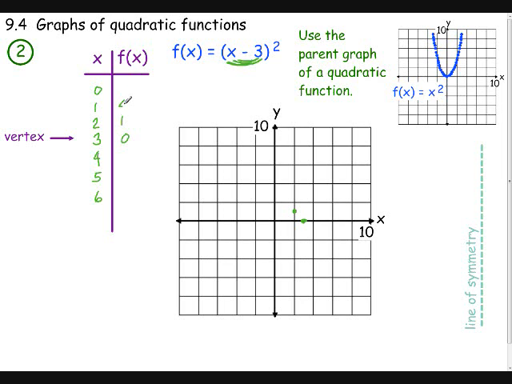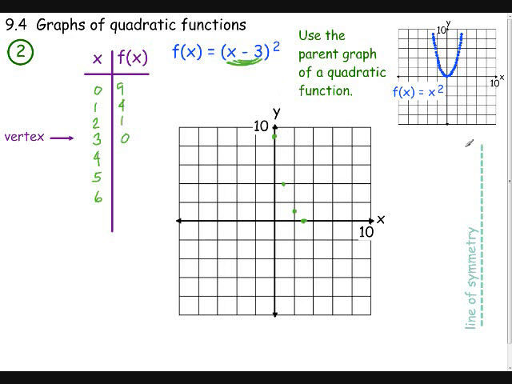Put a 1 in, I'm going to get a 4 out. If I put a 0 in, I've got -3 squared, so that would be a 9. 0 is going to be 9.